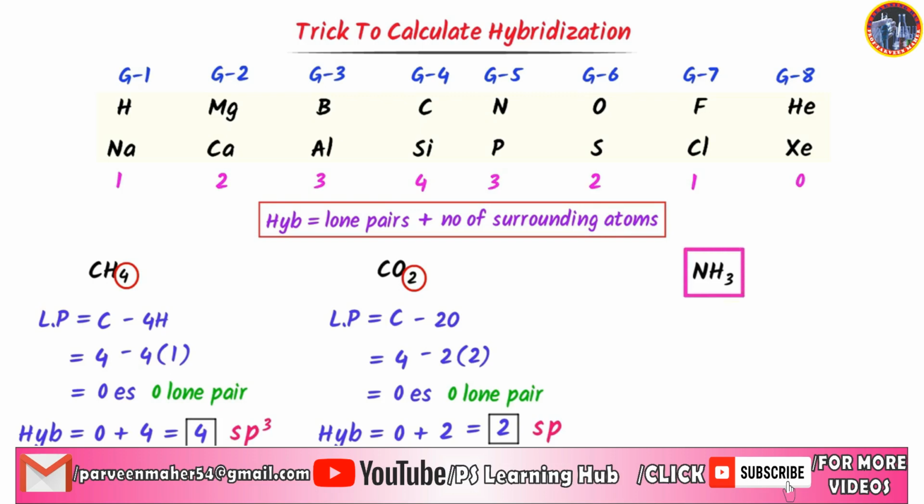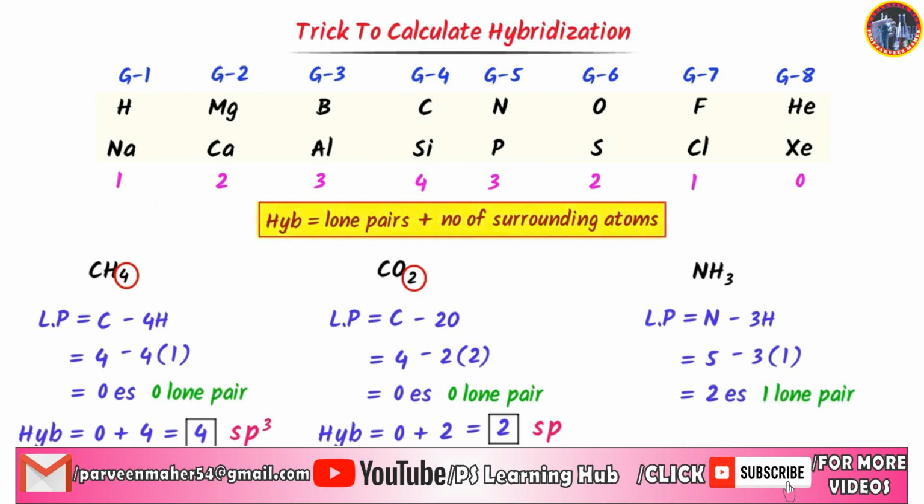In case of NH3, the central atom is nitrogen minus 3 hydrogen. We know that the group number of nitrogen is 5 and the valency of hydrogen is 1. I get 2 electrons. So there is one lone pair of electrons present on central atom. We already know about hybridization. It is equal to lone pair plus number of atoms surrounding the central atom.